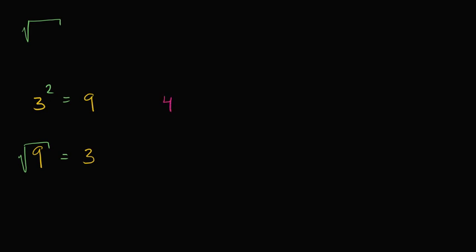I can write 4 squared is equal to 16. What's the square root of 16 going to be? It's going to be equal to 4. Let me do it again, and actually let me start with the square root. What is the square root of 25 going to be?